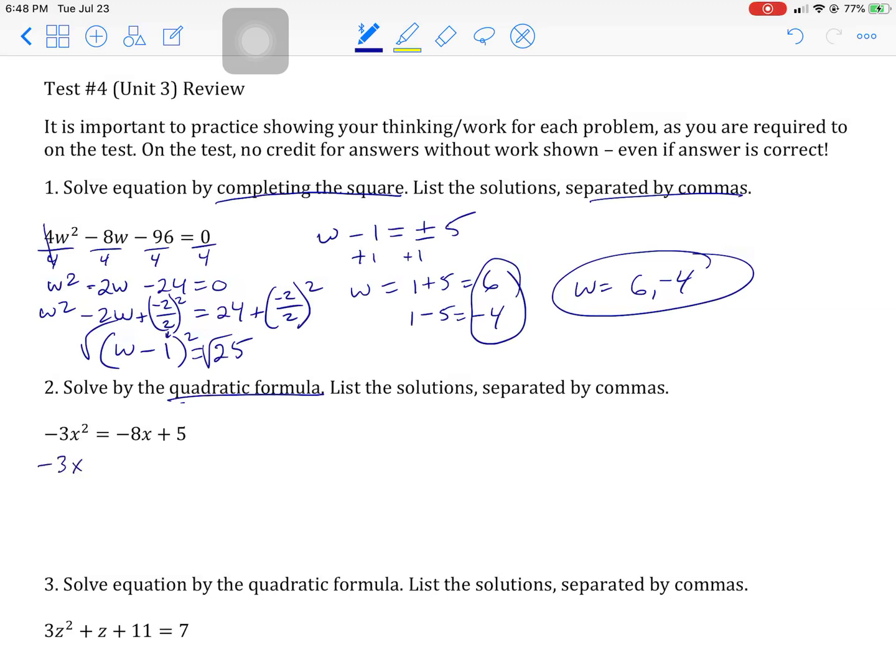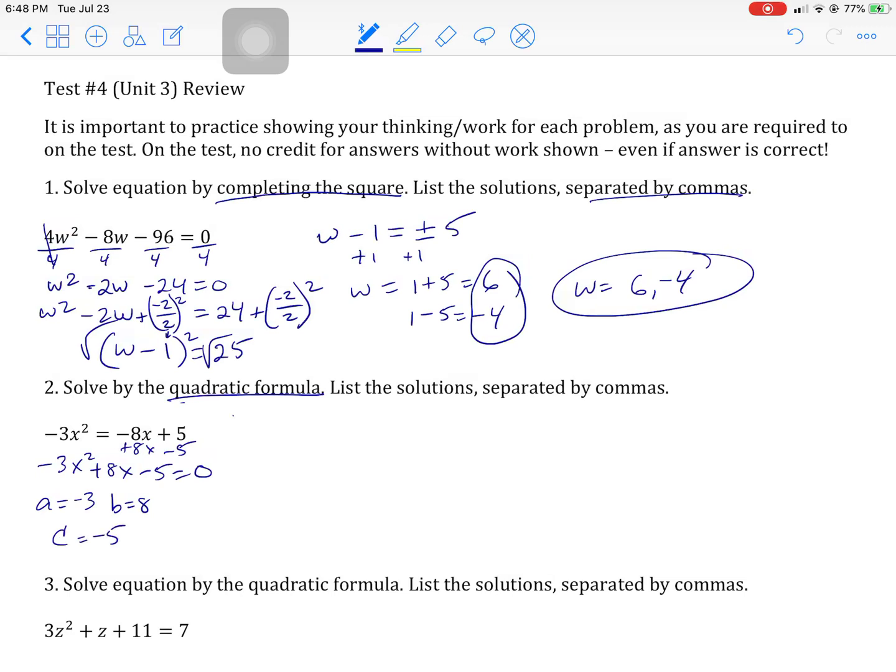Step 1 in using the formula is to put all the terms on one side properly. So my A is negative 3, my B is 8, my C is negative 5.